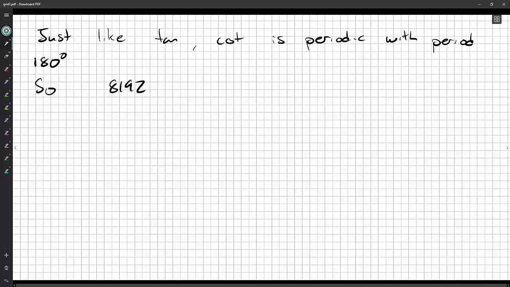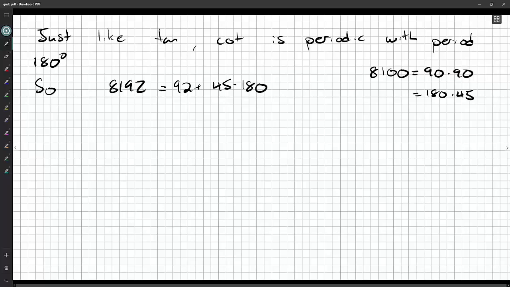So this really scary looking 8,192 is really, let's see, 8100 is 90 times 90, so it's 180 times 45. So it's 92 plus a multiple of 180, and that's really the best we can hope for.